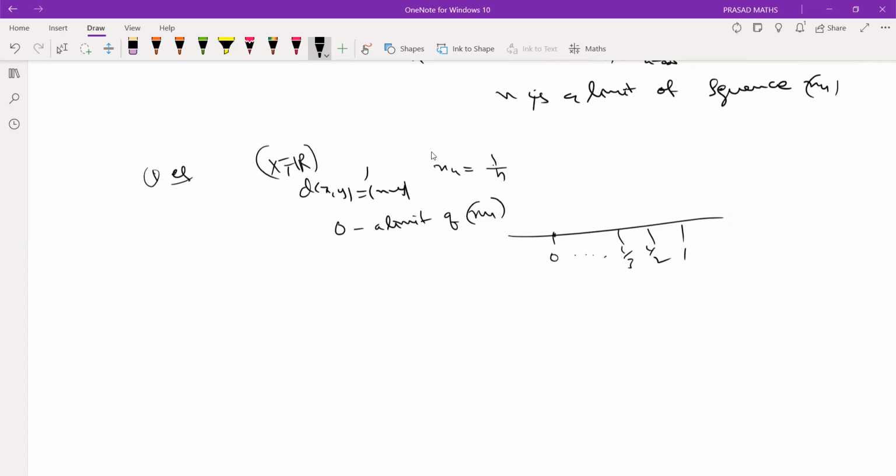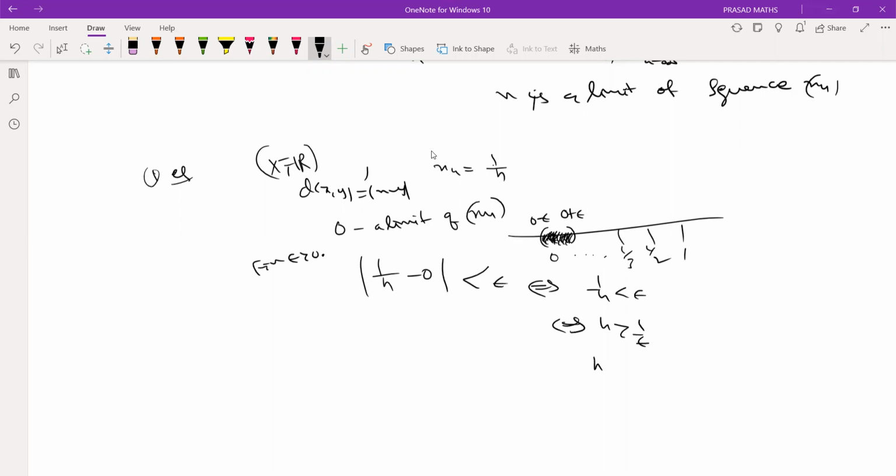0 is the limit of the sequence means you start with any neighborhood. What is my neighborhood? 0 minus epsilon, 0 plus epsilon. You start with any epsilon, and I want to show that this neighborhood contains all terms of the sequence. So I want to show that the distance is less than epsilon. This distance is less than epsilon if and only if 1 by n is less than epsilon. That means n is bigger than 1 by epsilon.